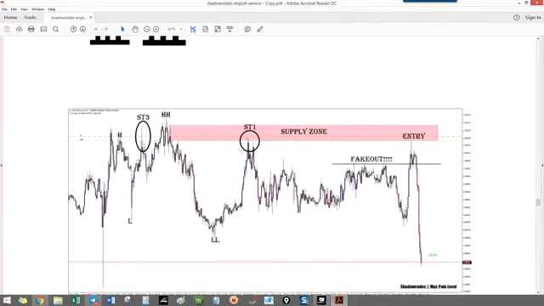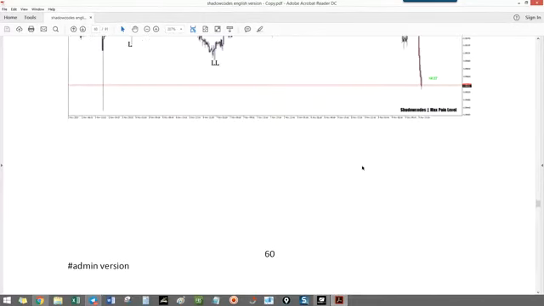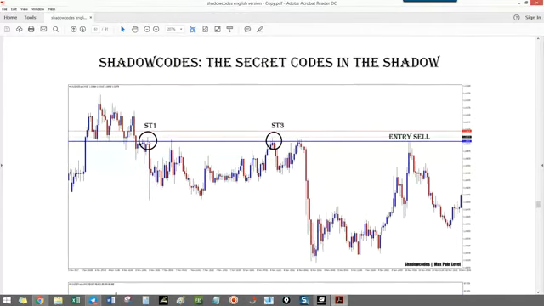Okay, so this is one of the entries using ST3. This is ST3. This is ST1. And then you got your entry here. And then over here you got ST1, ST3, and then you got your entry there. Over here you can also enter.